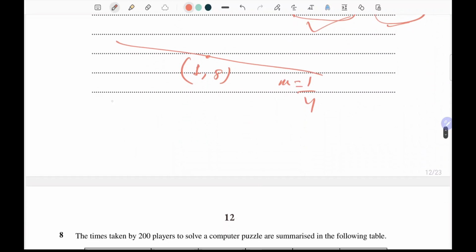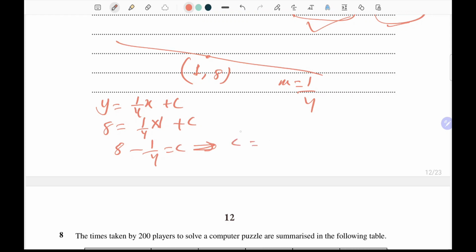Yeah, that's fine. Now we know that equation of tangent is y equals mx plus c and m is 1 over 4. Y is 8, 1 over 4 times 1 plus c. 8 minus 1 over 4, that is c. C is 8 minus 1 over 4, that is 31 over 4.